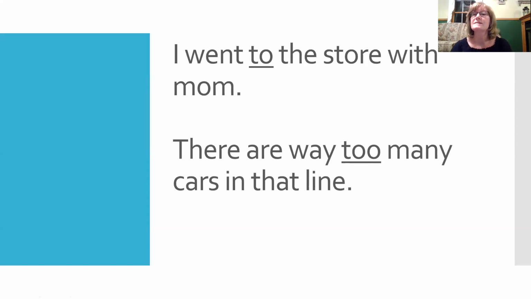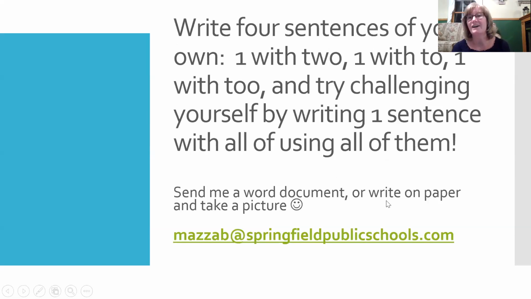So if we have to say the word to in order to make the sentence sound correct, then we need the longer spelled version of the word to. Last slide of my PowerPoint, I'm giving you an assignment to do. I would love for you to try to write me 4 sentences. The first sentence, I want you to try to write a sentence with the number 2 spelled as TWO.